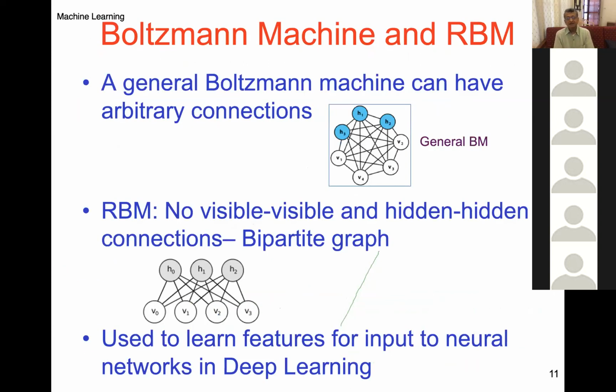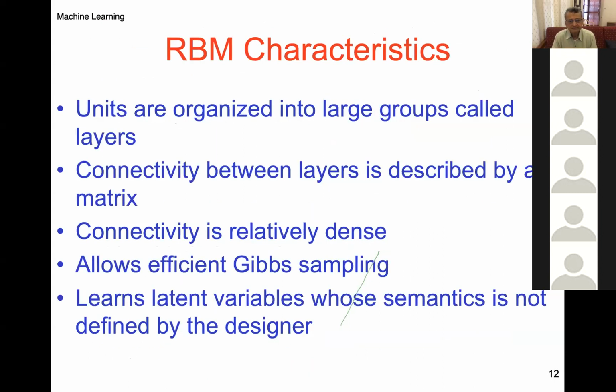This slide is simply giving an explanation of a general Boltzmann machine and a restricted Boltzmann machine. In a general Boltzmann machine, we have variables H1, H2, H3 here, and then we have V1, V2, V3 here. Whereas in an RBM, there's no connectivity between H1, H2, and H3, and there's only connection with the Vs. So the RBM characteristics are that the units are organized into large groups called layers, and connectivity is described by a matrix.